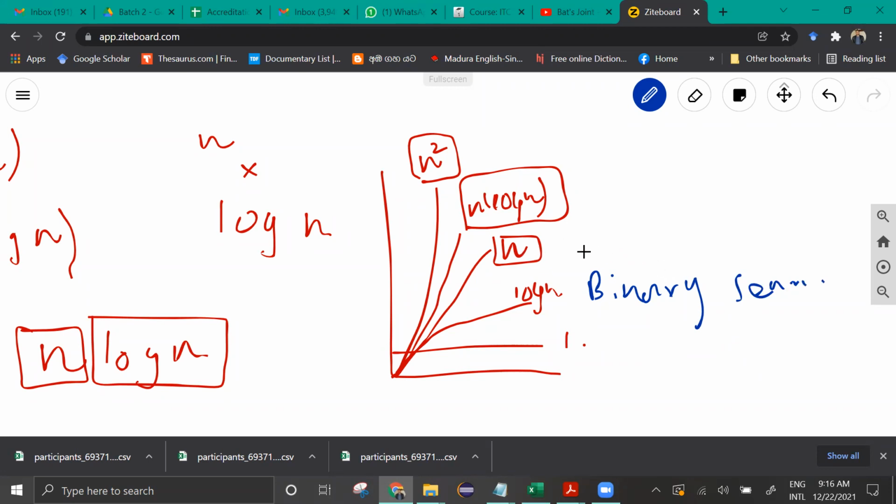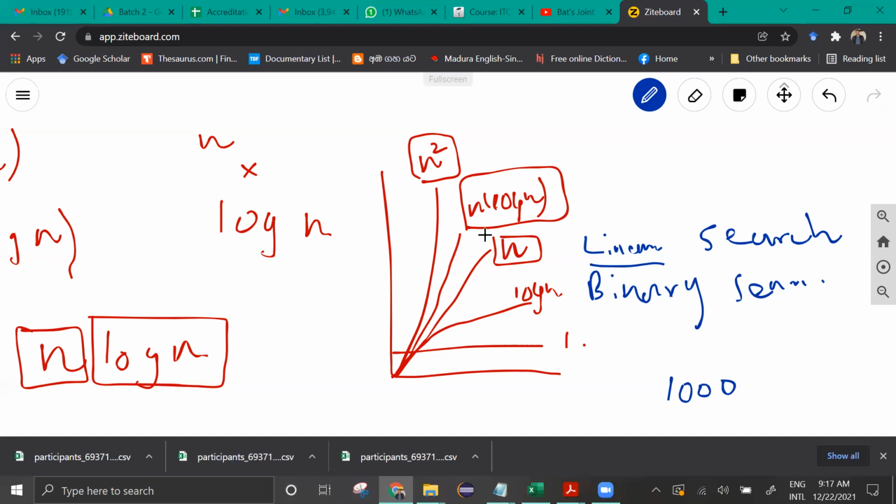Then n, linear search. So if the size of the array is 100, we compare 100 times. If the size is 1000, we compare 1000 times. So likewise, it is linear in linear search.